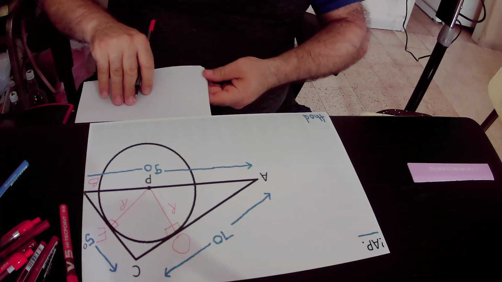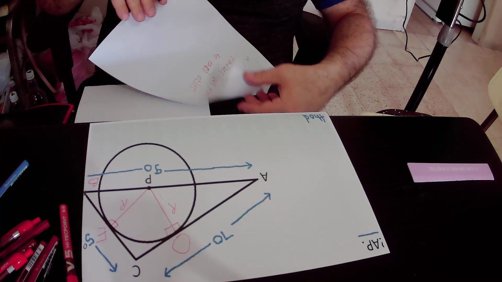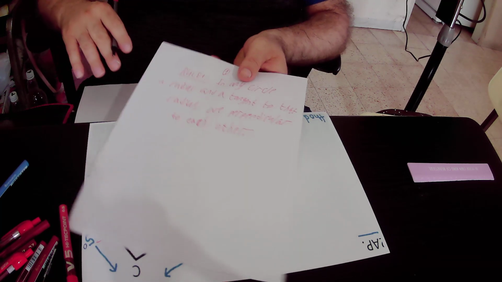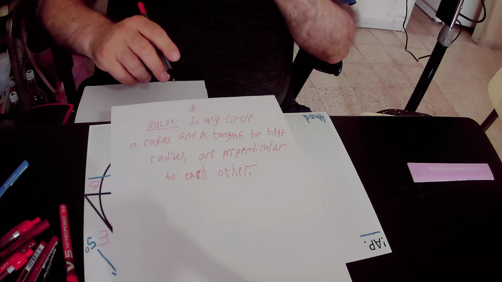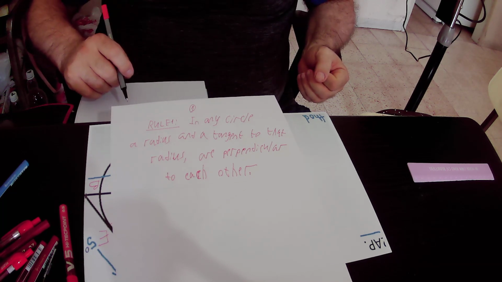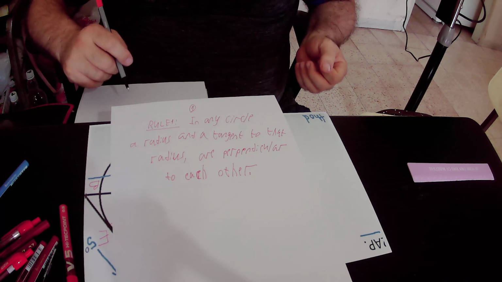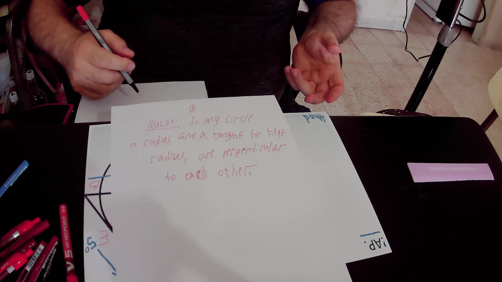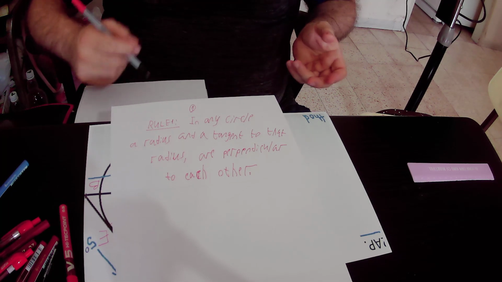Okay, I will read it again. According to rule number 1, in any circle a radius and the tangent to that radius are perpendicular to each other.